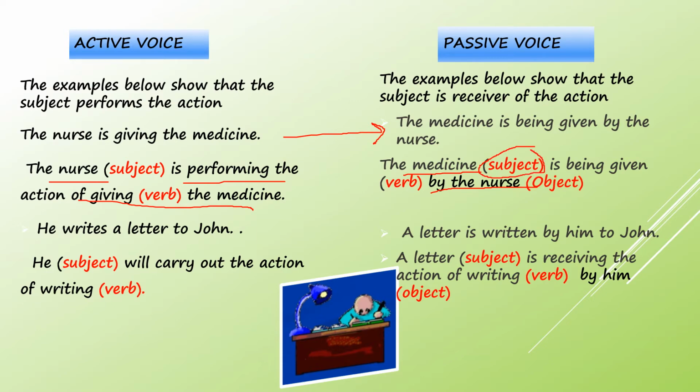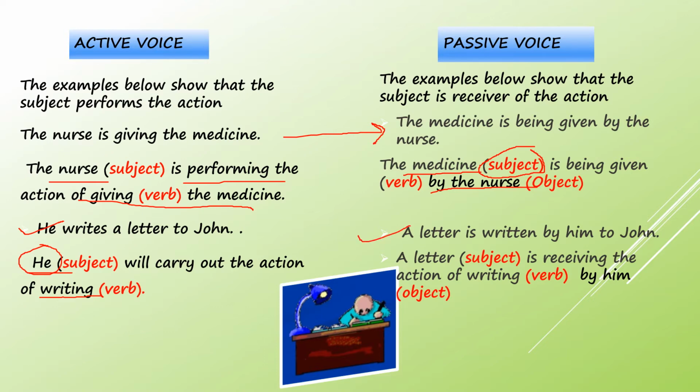Then the second example is: he writes a letter to John. Now he is the subject in this sentence and he will carry out the action. Which is the action? Writing. Yes, writing is the verb. So since he is active, is doing the action, it is considered to be active voice. Let's see its passive: a letter is written by him to John.